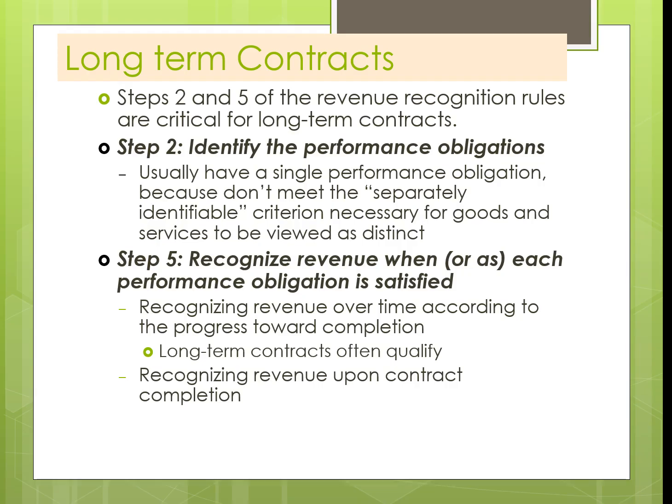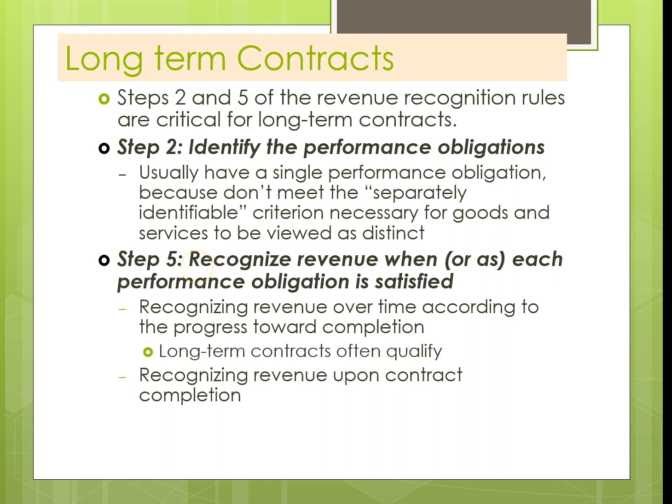Now, long-term contracts. Steps 2 and 5 of the revenue recognition rules are critical for long-term contracts. Step 2, identify the performance obligations. You usually have a single performance obligation because you don't meet the separately identifiable criteria, which means you have to have two parts that require different performance obligations that have separate fair market values.